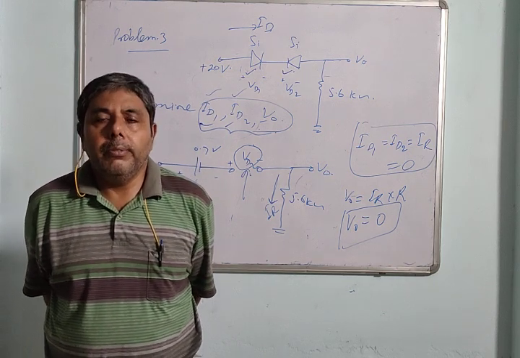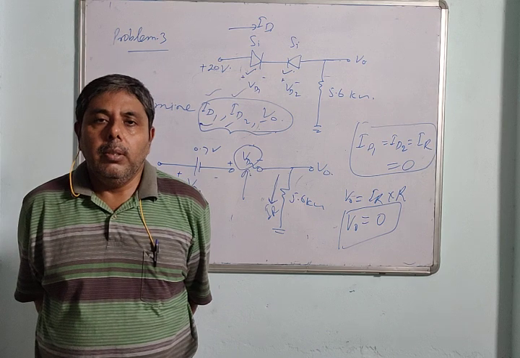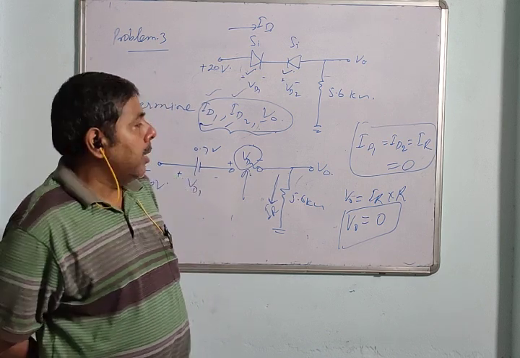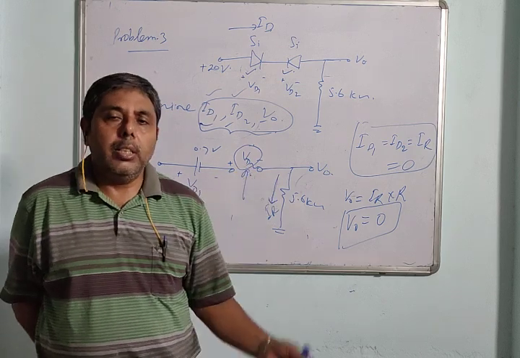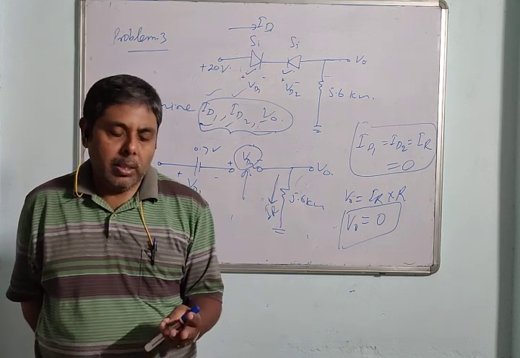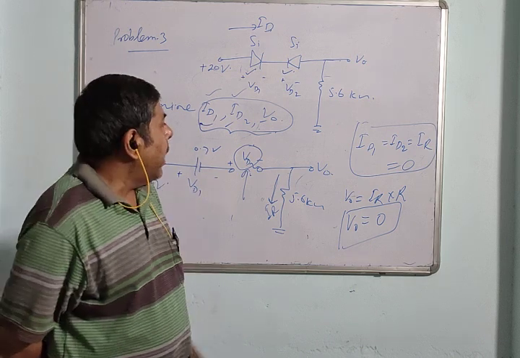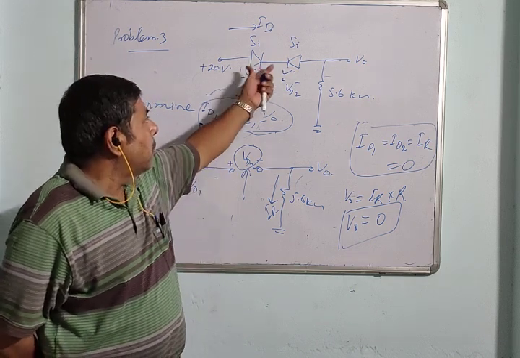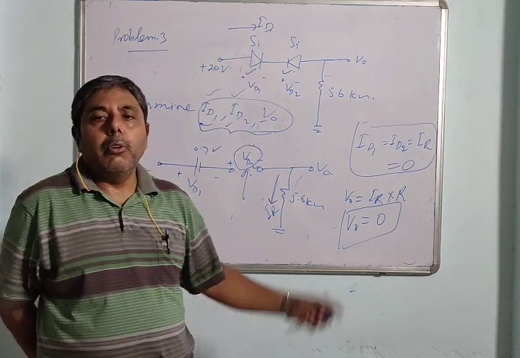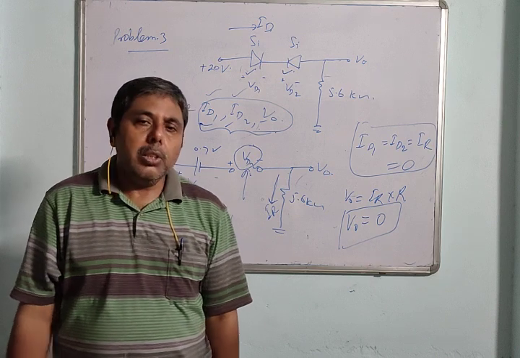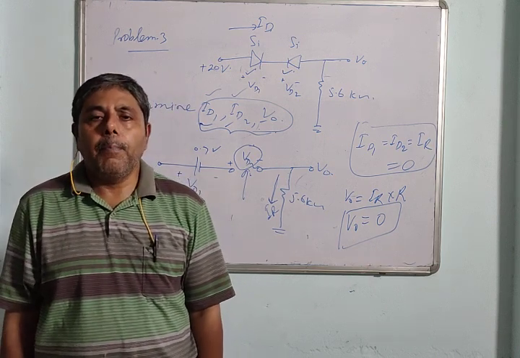If diode is off, you can replace model of off state, that is open circuit. Then you can apply rules of circuits, KCL, KVL, Ohm's law. Okay, these are the basic three rules and few concepts of diode. Okay, in forward bias, diode is on. In reverse bias, diode is off. So this is all about for today. Thank you.